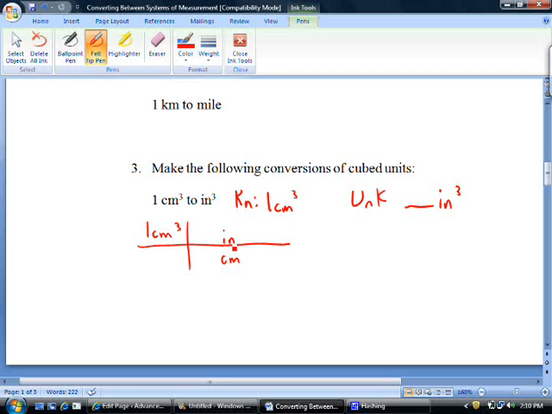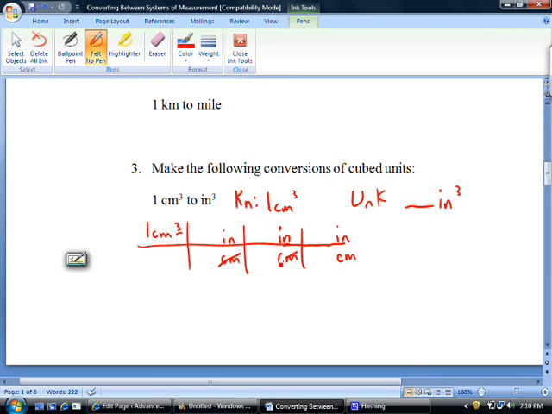Does that cancel all the centimeters there? No, that only cancels one of them. This cubed tells me I have centimeters times centimeters times centimeters. So in order to cancel that, I have to have centimeters times centimeters times centimeters in the denominator of my unit multipliers.